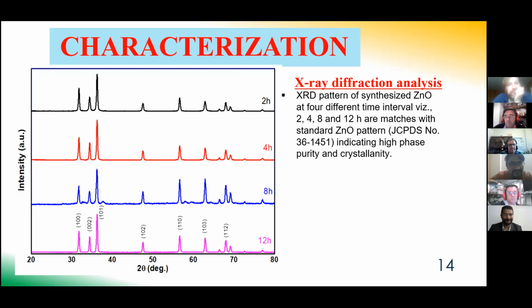Maybe my guide will give the answer to that question. Hello, hi, Igor. Actually, we don't have such a facility to take images from different angles and orientations. We have a very simple FESEM microscope, so that's why we have taken those types of images only.